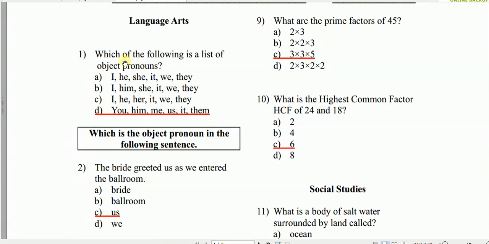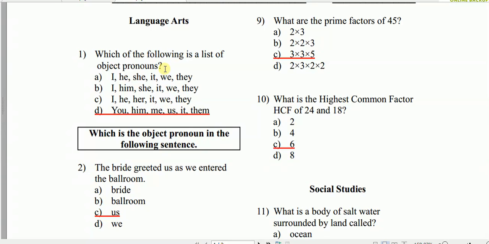It says, in which of the following is a list of object pronouns? Now, the subject of the sentence is who or what the sentence is about, and the subject usually does the action. The object of the sentence is the thing that receives the action in the sentence.